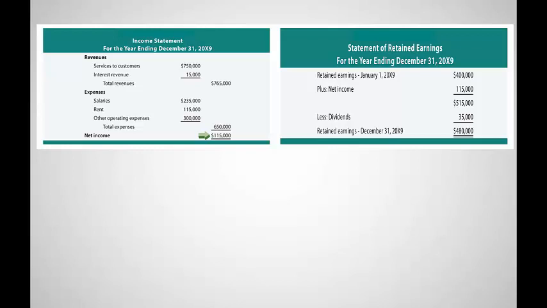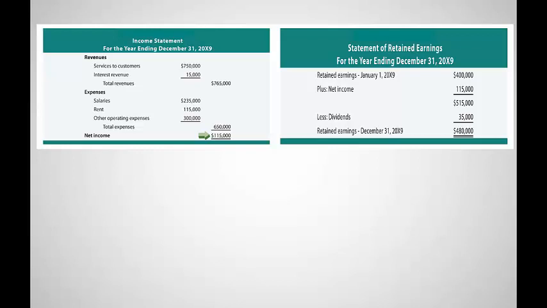Now let's take a look here at the statement of retained earnings. The reason that I say that a statement of retained earnings is not necessarily a primary financial statement is because it actually depends upon the income statement being created and completed. Our statement of retained earnings is pretty straightforward. This is pretty much all there is on here. It has a beginning retained earnings balance. You add in whatever net income or net loss. If you've got a net loss, you would subtract it. And then you subtract any dividends that are paid.